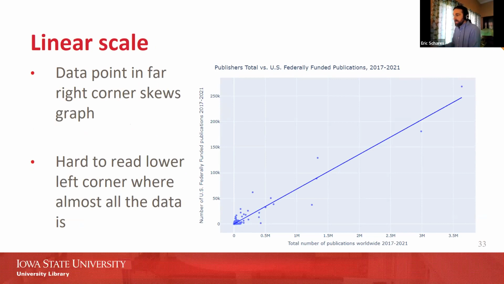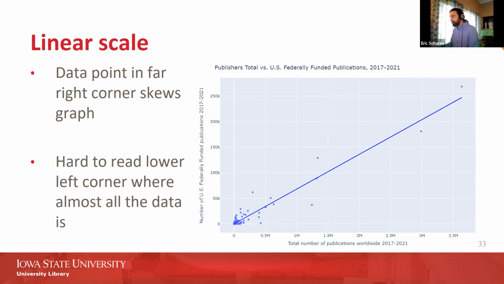The problem here is we've got a data point way off in the far upper right corner that's really skewing this entire graph, and it's hard to look at what's going on anywhere else. So this one way up here in the corner turns out to be Elsevier. It published over 3.5 million articles worldwide over the 5 years in my study, and of those, over 250,000 had US federal funding. That's the vertical distance.